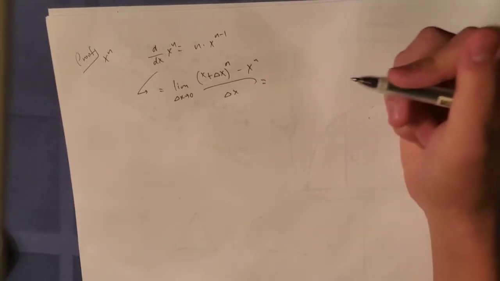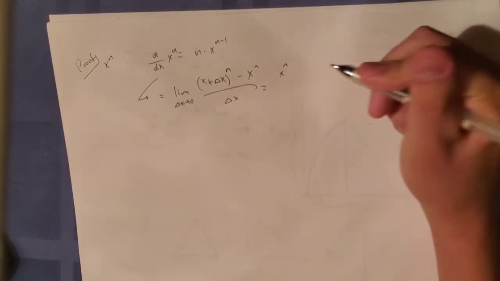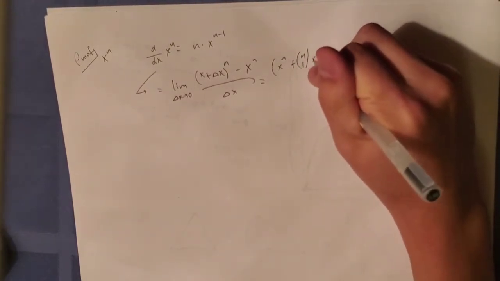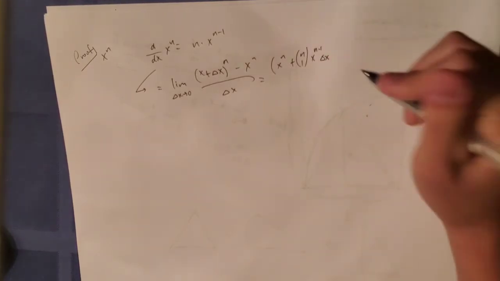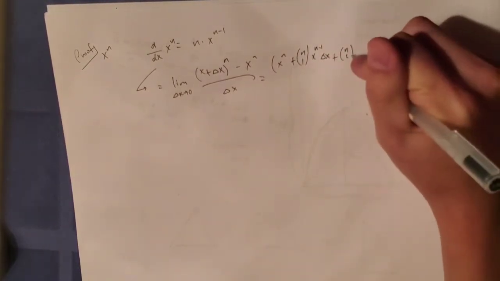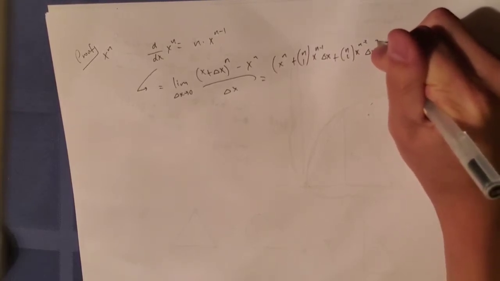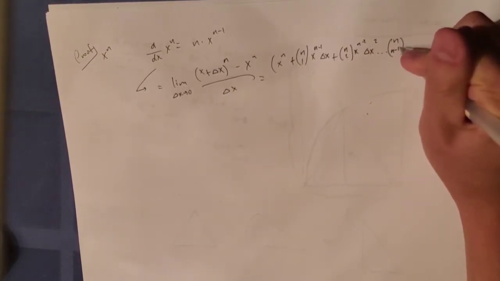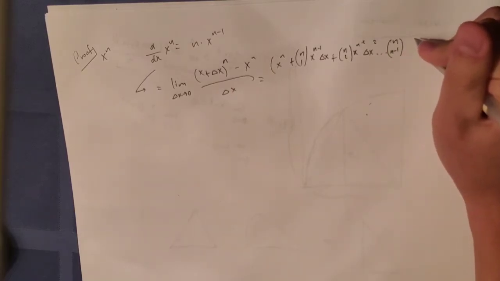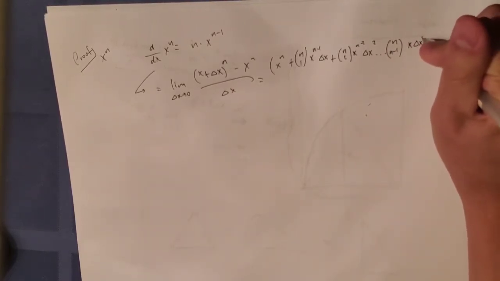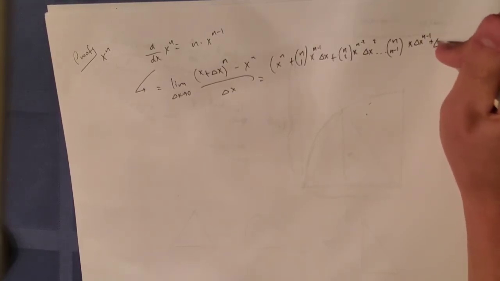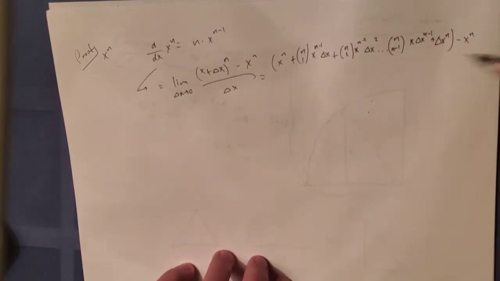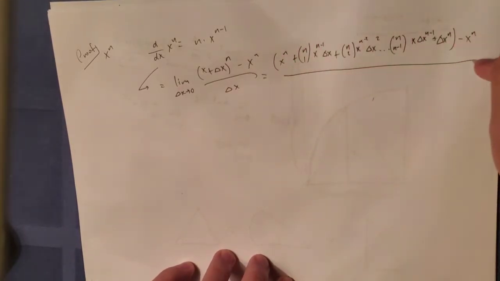So this will equal x to the n plus n choose 1 times x to the n minus 1 delta x plus n choose 2 x to the n minus 2 times delta x squared, dot dot dot, all the way till n choose n minus 1 x times delta x to the n minus 1 plus delta x to the n, and then we'll have a minus x to the n at the end from here, and then this is all going to be over delta x.